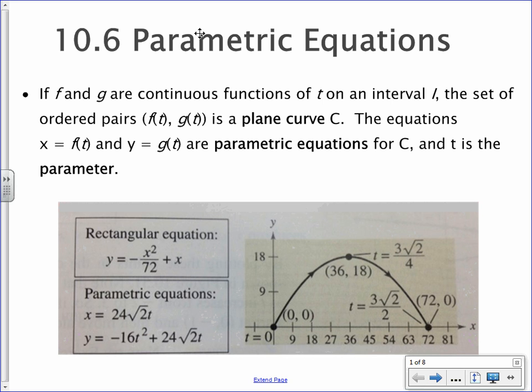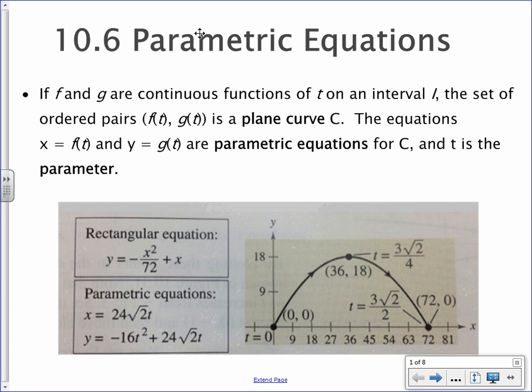Like this down here. You're used to seeing this, right? y equals negative x squared over 72 plus x. But here in parametric, x equals 24 square root of 2 t, and y equals negative 16t squared plus 24 square root of 2 t.